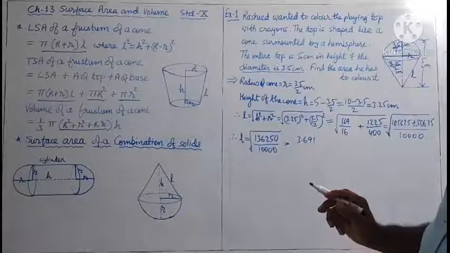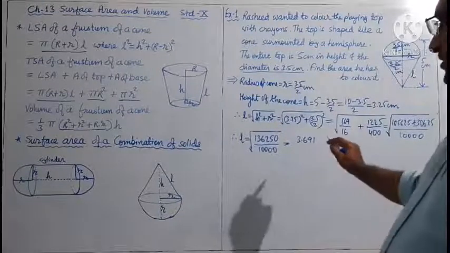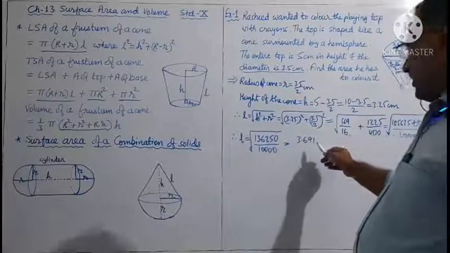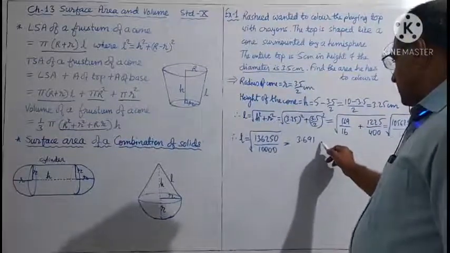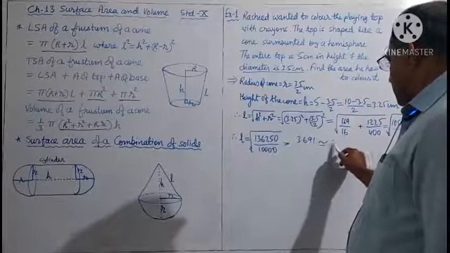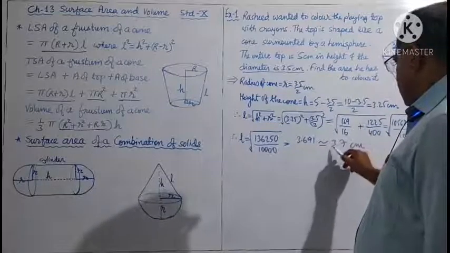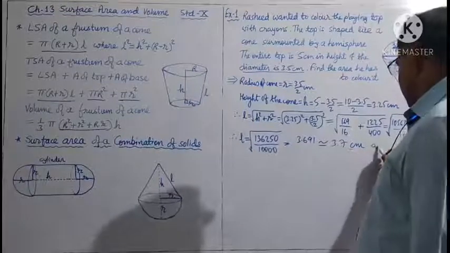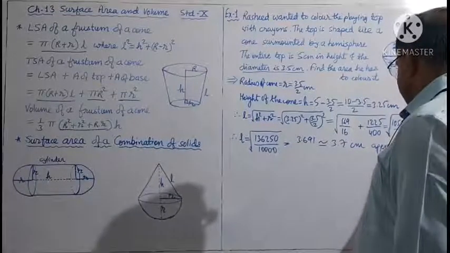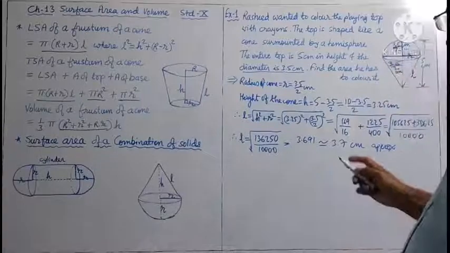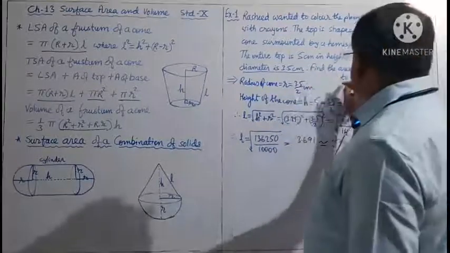So up to 4 decimal places we will get 3.691, and here we say approximately it is 3.7 centimeter. So this is the approximate slant height.